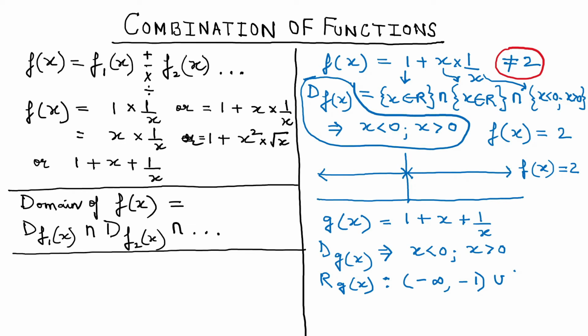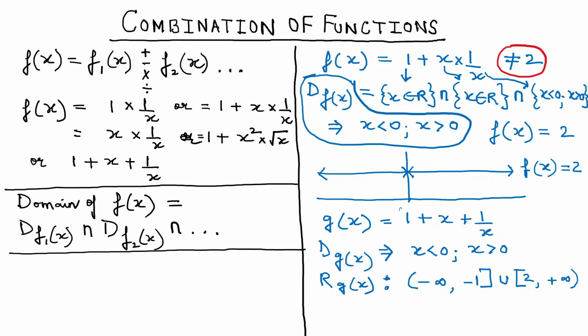Okay, let me see whether I can include minus 1 or not. So can we say that the range of g(x) is nothing but minus infinity to minus 1, where minus 1 is included, union plus 2 to plus infinity, where 2 is included. So maybe instead of a 2, if I were to just correct this to a 3.